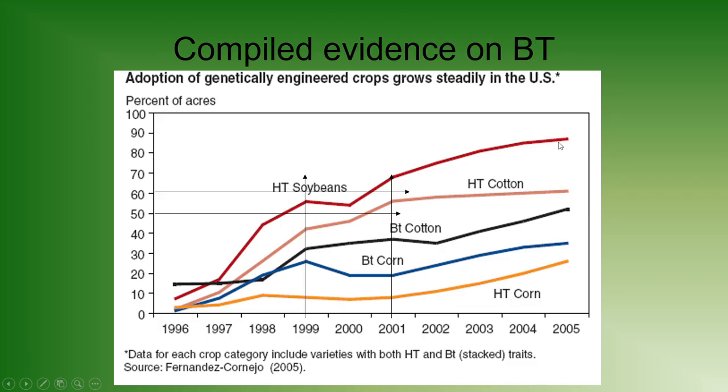You can see so many plants have been developed, BT corn, BT cotton, and they are being accepted by consumers in the USA. Most of these BT transgenic plants have been consumed by consumers till 2000. This data is from 2005, but still you can see in 2025 so many transgenic plants are available now, and they are being used by consumers in the USA and other developed countries.